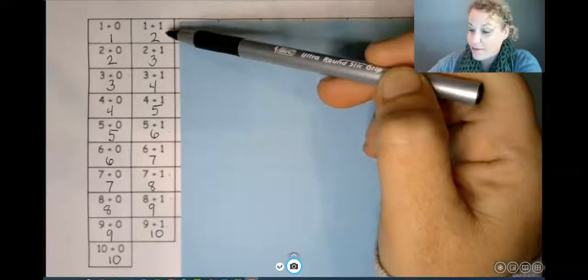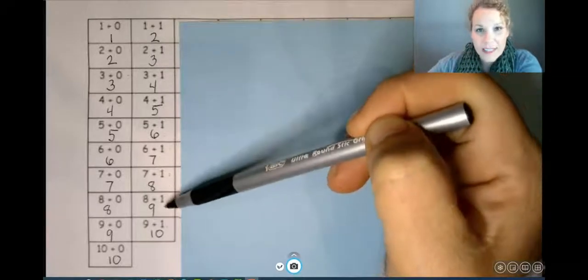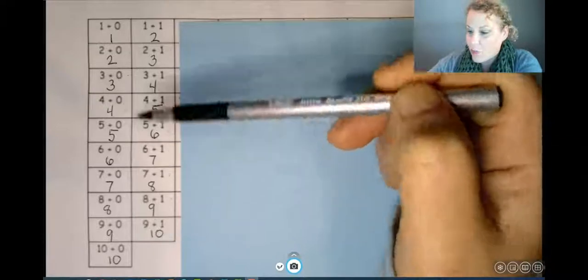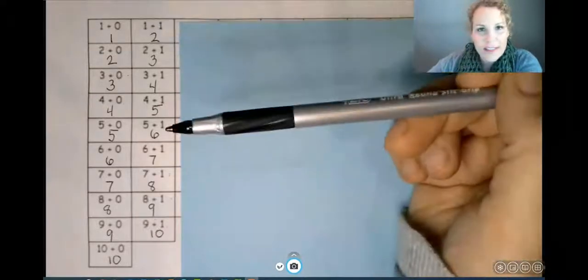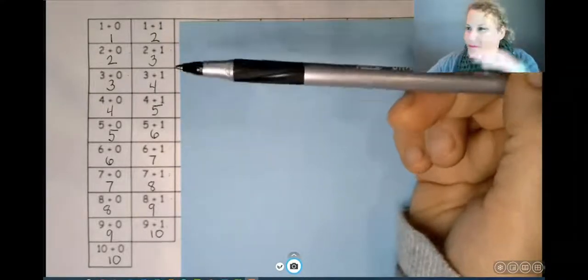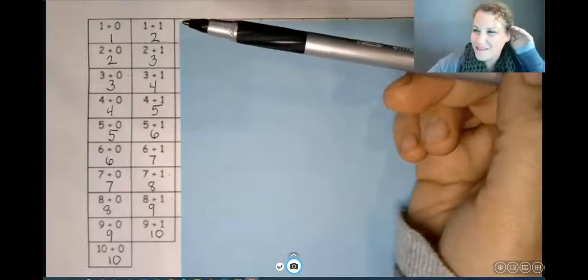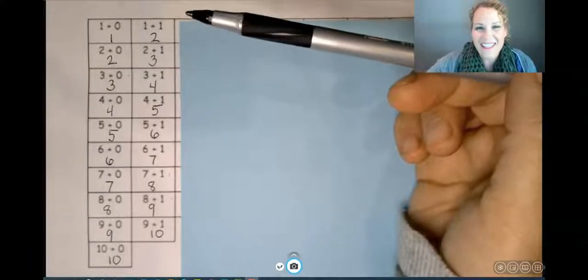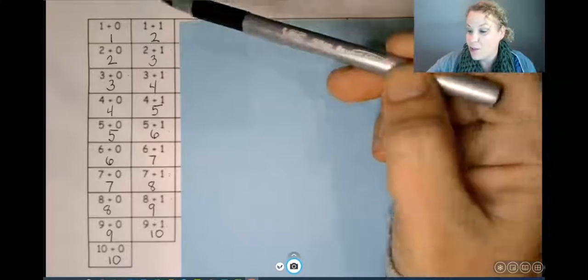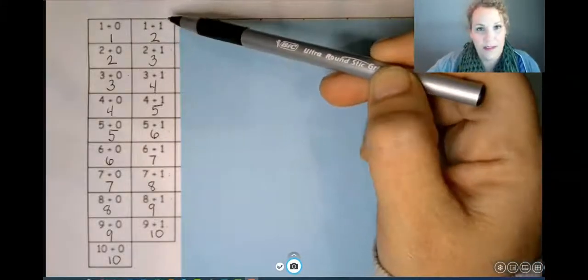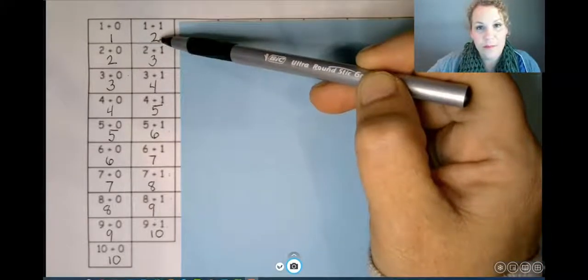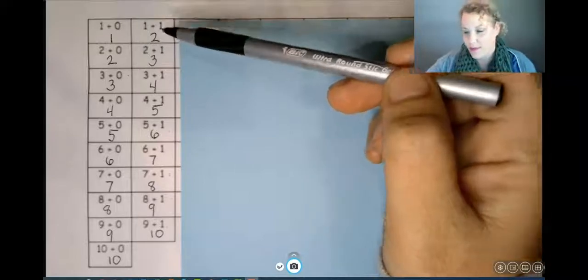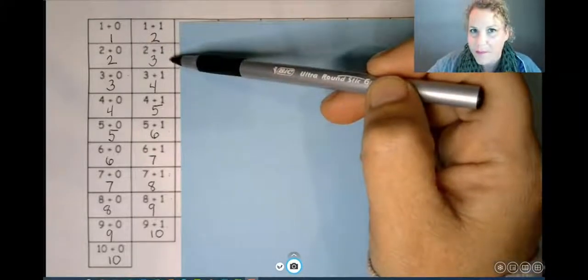You said that all of these problems add 1 each time. How does adding 1 change our first addend? Yes, the answer goes up by 1. So if we have 1 plus 1, our answer is 2. If we have 2 plus 1, our answer is 3.